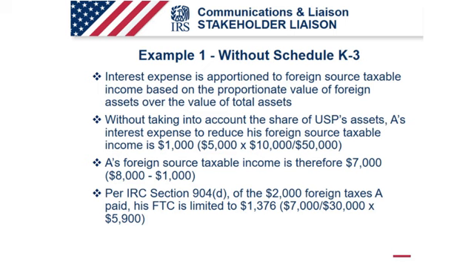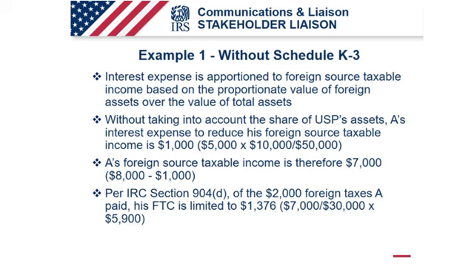First off, if they don't have the Schedule K-3 information, just as a background, I want to go over the interest expense apportionment rule for this deductible interest expense. It is apportioned to foreign source taxable income based on the proportionate value of the foreign assets over the value of total assets.